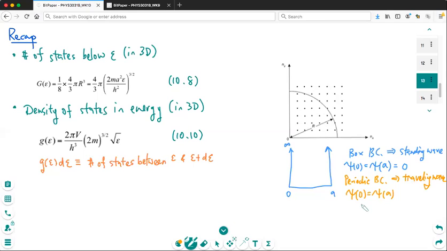And in tomorrow's exercise class, I have asked the TA to solve this problem using the periodic boundary condition. I want you to pay attention to what would be different from my treatment and what will be the same.